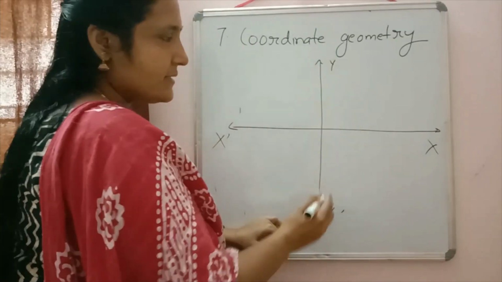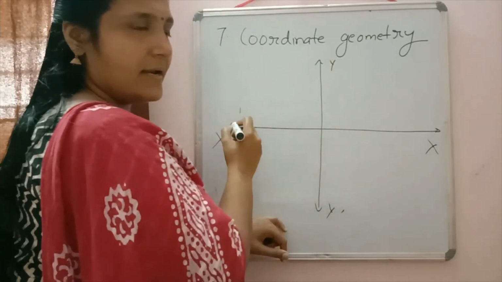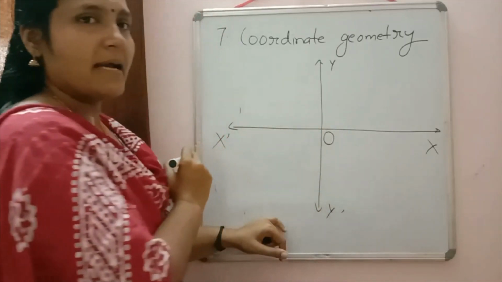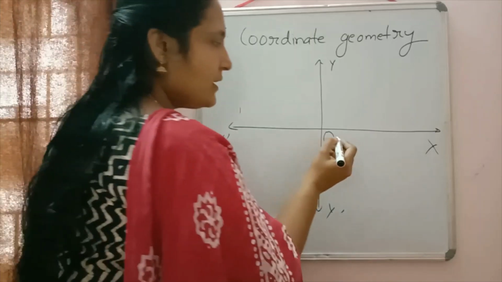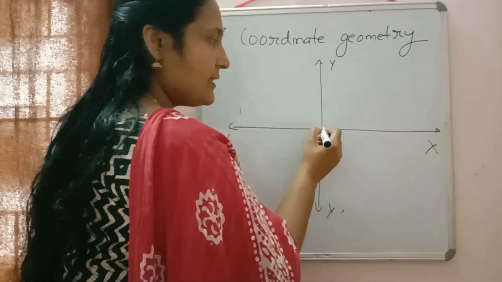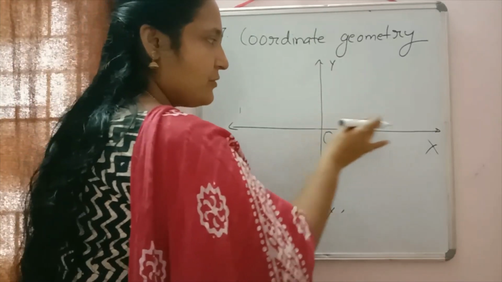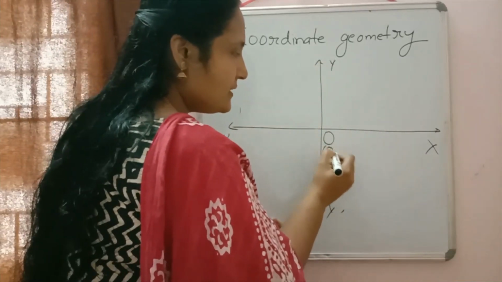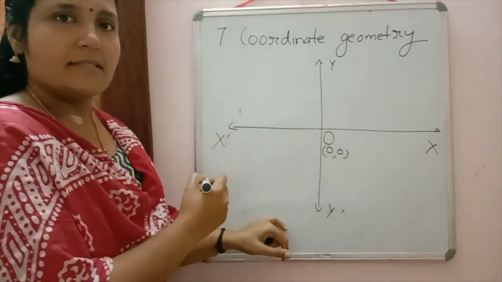X-axis and y-axis are perpendicular to each other and their intersection point is called origin and is denoted by the letter O. At present we are in the center, we haven't moved to x-axis or y-axis. So coordinate of origin is 0, 0.